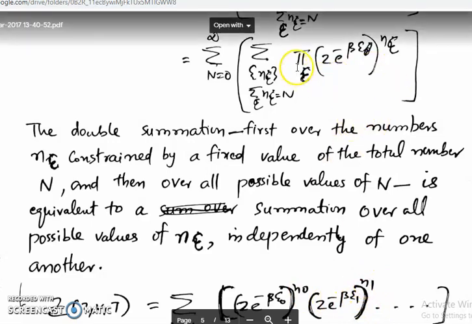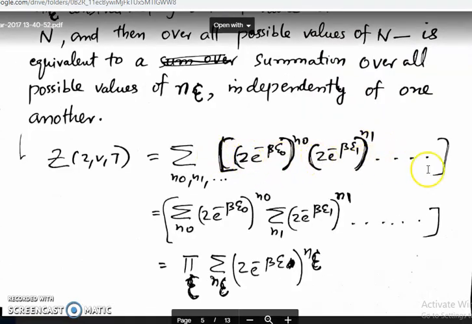This is the product over the different single particle states, and that product is written here.